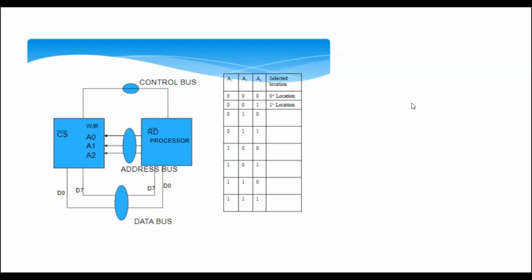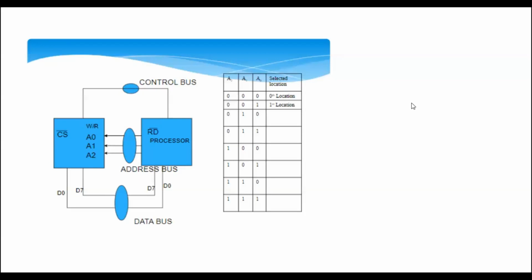So we have a sample of selected memory locations, like the 0 location, first location, second location, up to the end location.